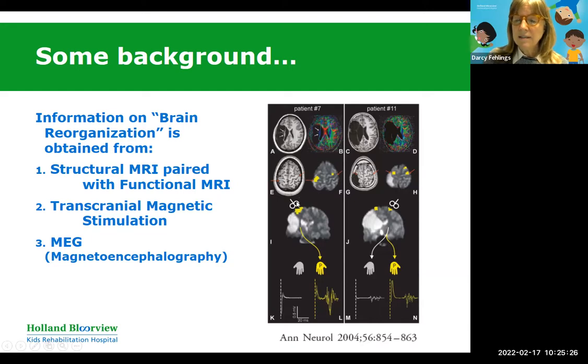Now, this little symbol represents transcranial magnetic stimulation. And you can put a stimulator over the motor cortex and stimulate the motor evoked potential that you can record. And this is in an individual who's had an MCA infarct. And here a stimulation pattern shows contralateral control.